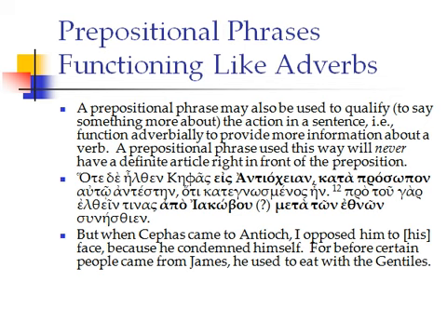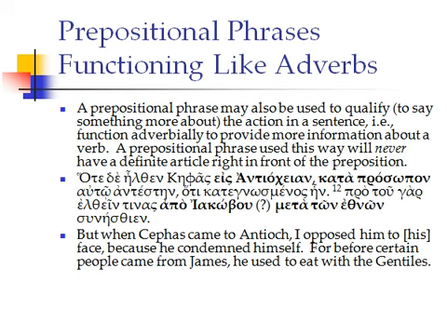How did it happen? In what manner did it happen? Where did it happen? For what purpose did it happen? And so forth. A prepositional phrase that is used adverbially will never have a definite article right in front of the preposition.